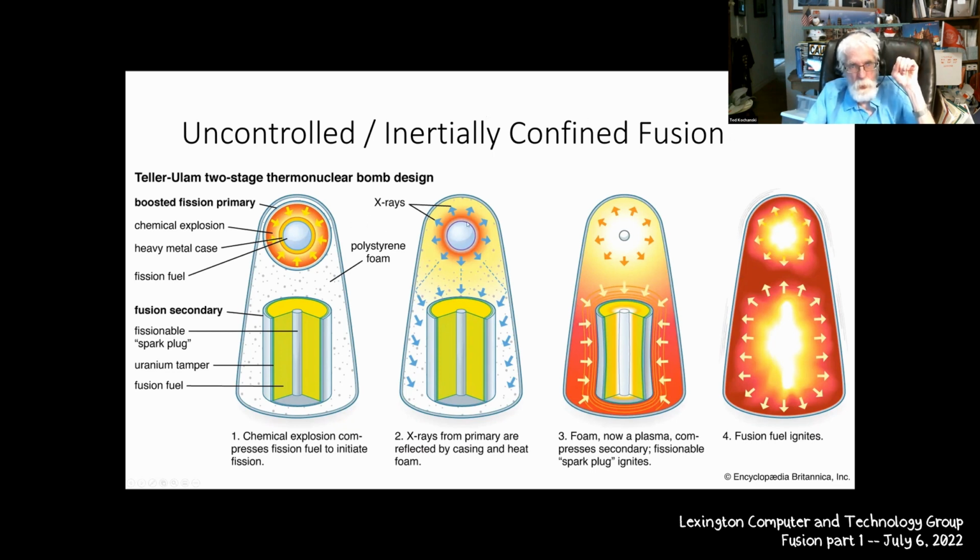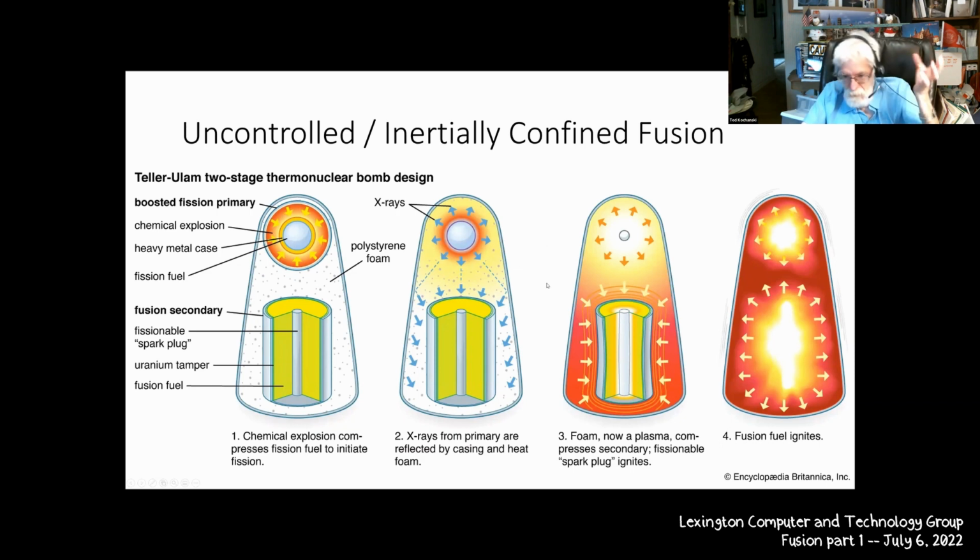The one difference is that in the case of a bomb, you use a fission bomb to produce the X-rays, which are going to ultimately compress the fusion fuel. And in the case of an experiment in the laboratory or potentially in a production reactor, you would use lasers to produce the X-rays by producing a plasma and heating that plasma with the laser beams to the point where it emitted X-rays instead of using the fission bomb.